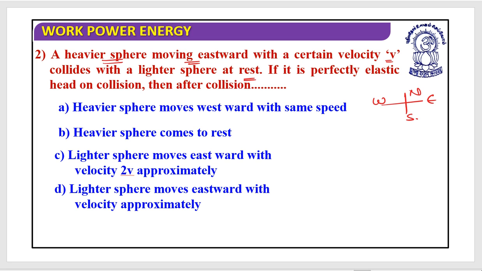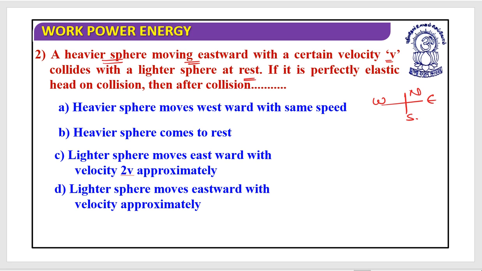If it is a perfectly elastic head-on collision, then after collision, the options say: the heavier sphere moves westward with the same speed; the heavier sphere comes to rest; the lighter sphere moves eastward with a velocity of approximately 2v. So what would be the situation?